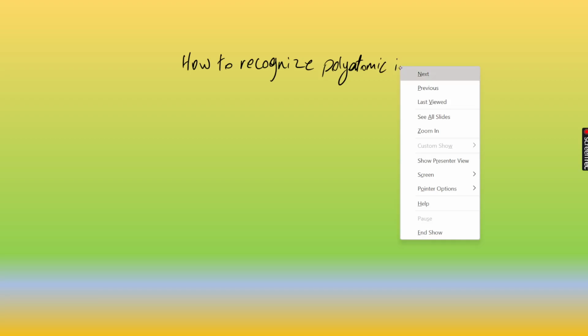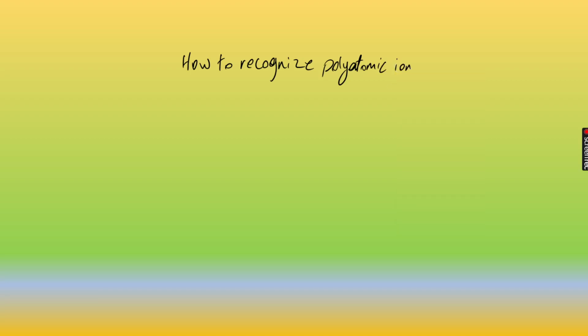So, how to recognize polyatomic ionic compounds? It's so simple.